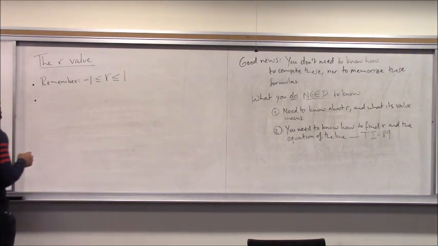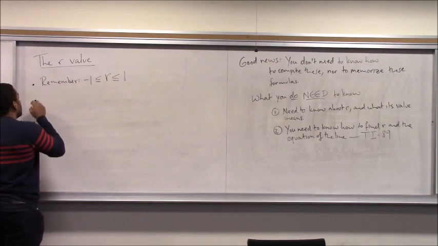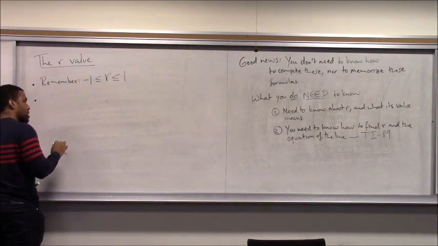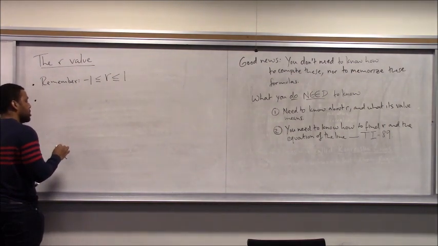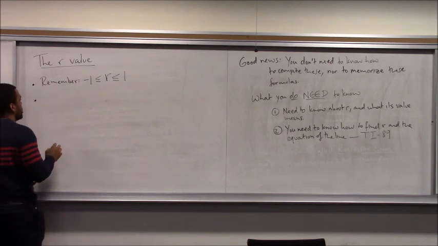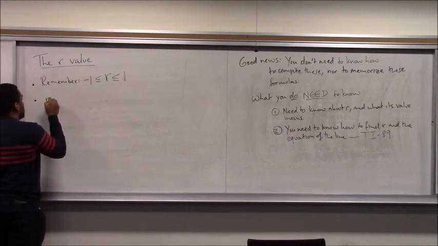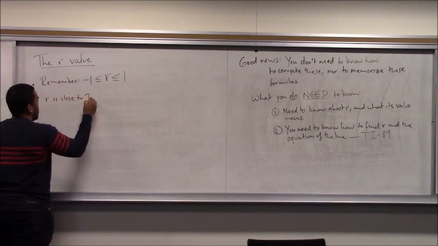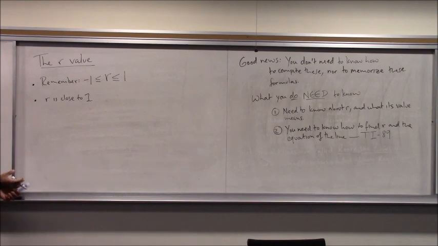Now here's what they mean. Really, it's about positive, negative and zero correlation. So here are the rules of R. It's kind of like a spectrum. R is close to 1. Now, if you're judging something by eye, you won't know the exact value. You have to actually do some calculations.